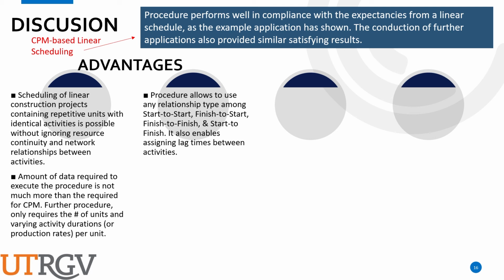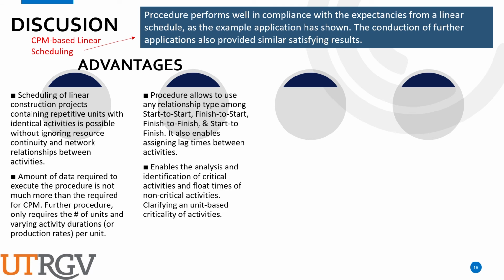It also allows using any relationship types among start to finish, finish to start, and the other two. It also enables assigning lag times, which is good. It enables the analysis and identification of critical activities and float times of non-critical activities, and clarifying a unit-based criticality of activities. It determines the relationship between units.